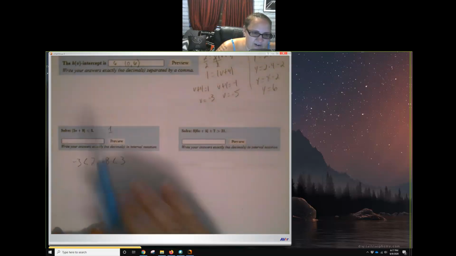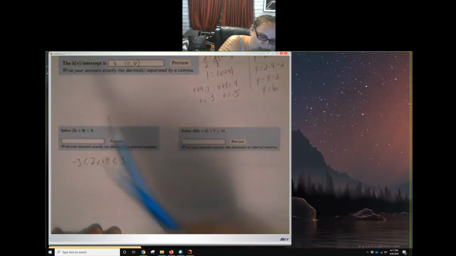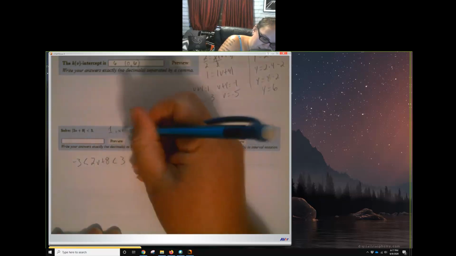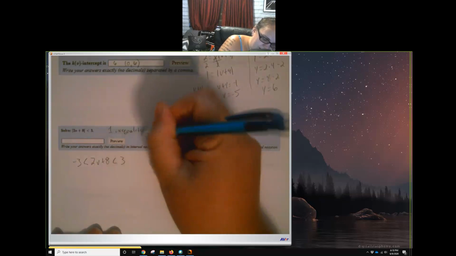And if this was less than or equal to, then these would both have the or equal to's, because it does not either one of these do. But a less than, you make one long inequality. And we call this a compound inequality.